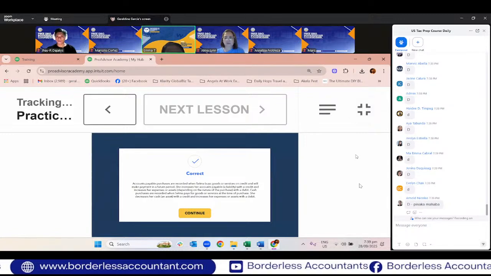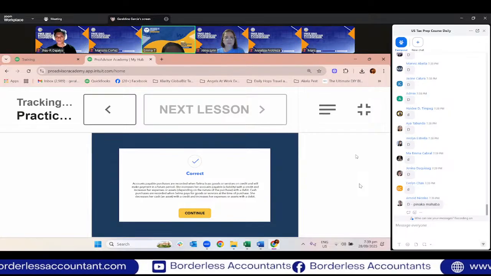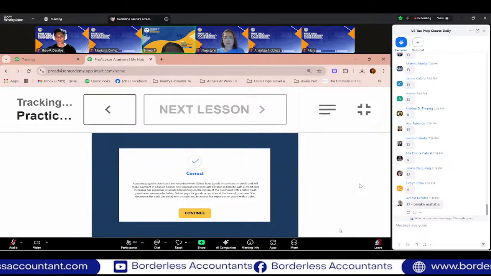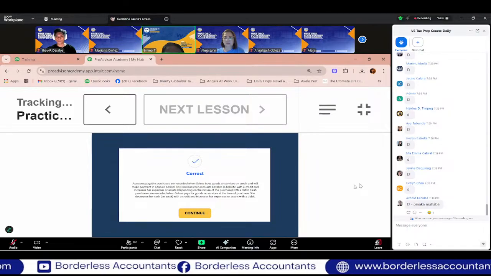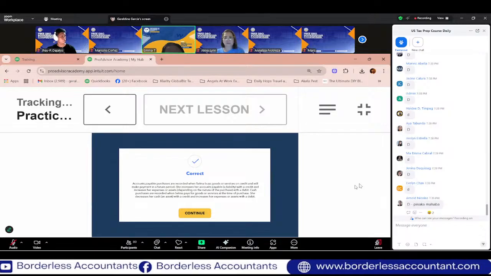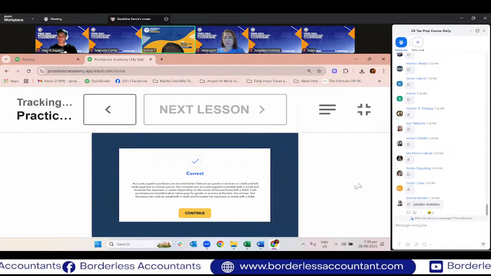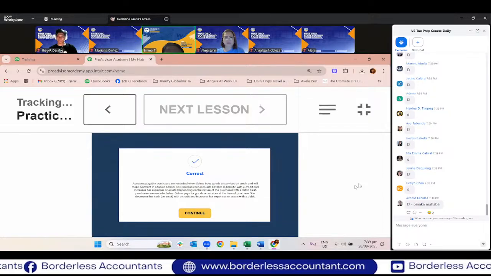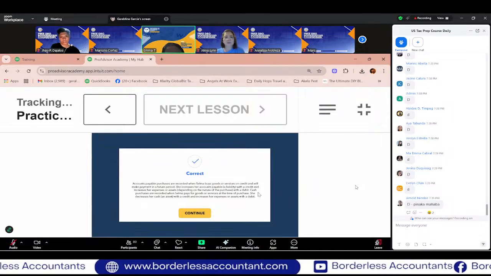Accounts payable purchases are recorded when Selma buys goods or services on credit and will make payment in a future period. She increases her accounts payable liability with a credit and increases her expenses or assets depending on the nature of the purchase with a debit.